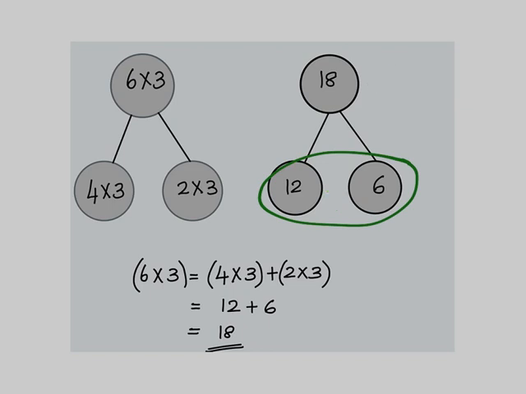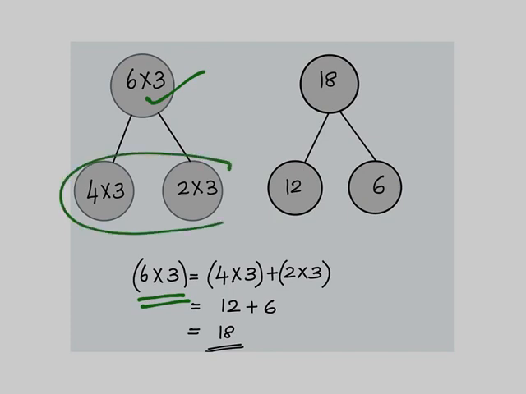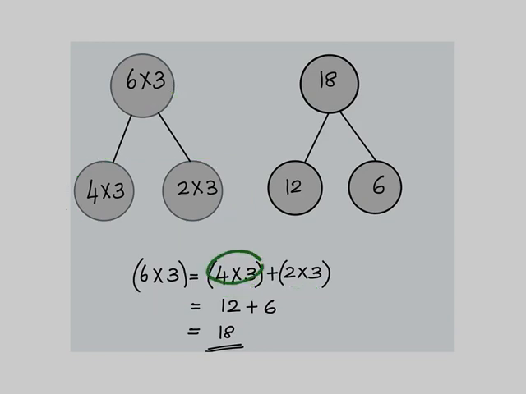So that is what we have done here. 6 times 3 equals, I've added these 2 parts, 4 times 3 plus 2 times 3. We know that 4 times 3 is 12. We also know that 2 times 3 makes 6. So when we add 12 plus 6, we get 18.